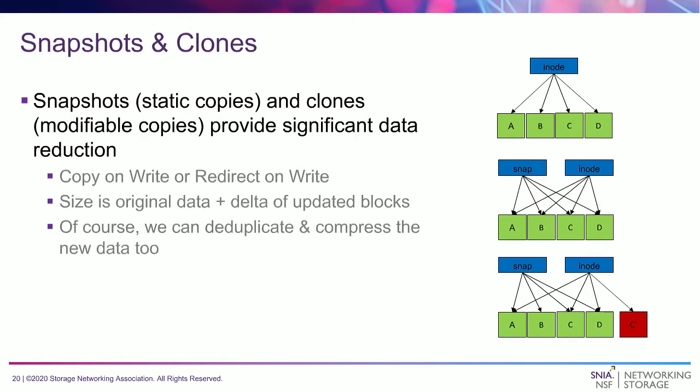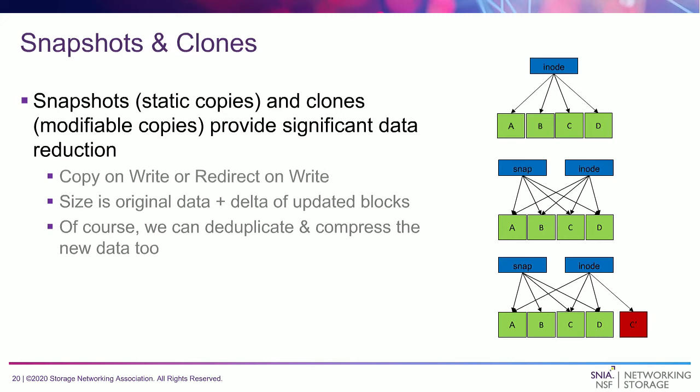And then perhaps the one that most people are now familiar with, snapshots and clones. A snapshot I'm going to define as a static copy, unchangeable, read-only. And a clone is modifiable. So a clone is actually just simply a copy that you can modify. And they can provide significant data reduction, because you can see the first example up here. We've got 4 blocks of A, B, C, and D. We take a snapshot of it.